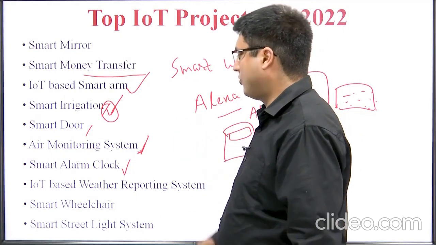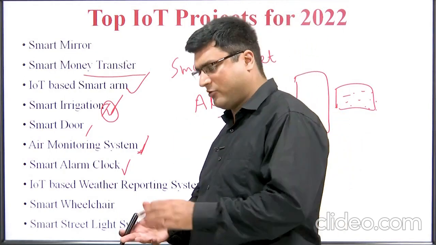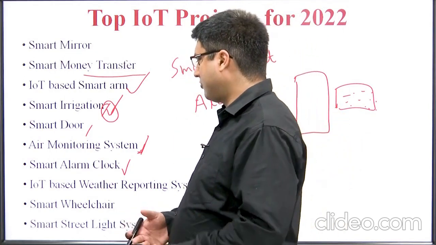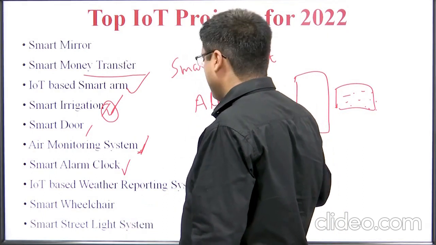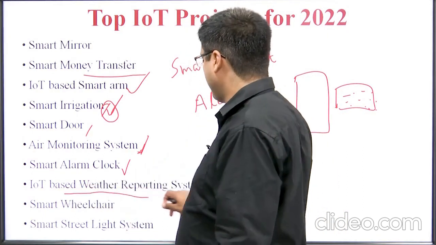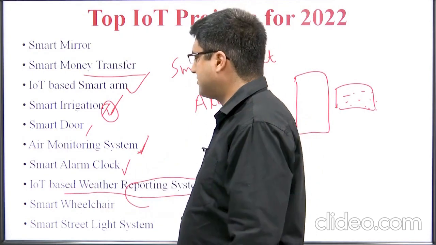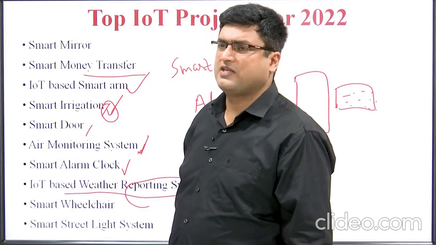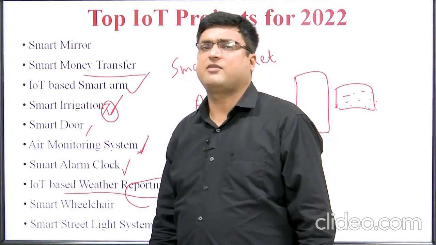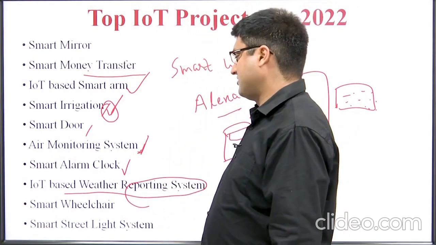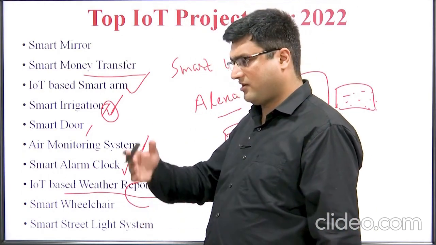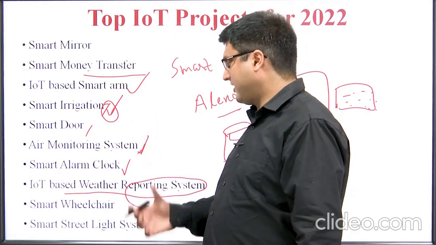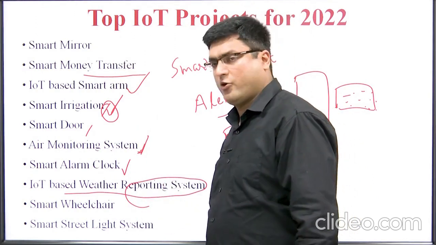A simple alarm clock is manually controlled with a keypad, but a smart alarm clock is controlled through Alexa or voice recognition. IoT based weather reporting system means that weather forecasting can be done through GPS enabled IoT devices, so all the data of the environment can be employed in the IoT system.